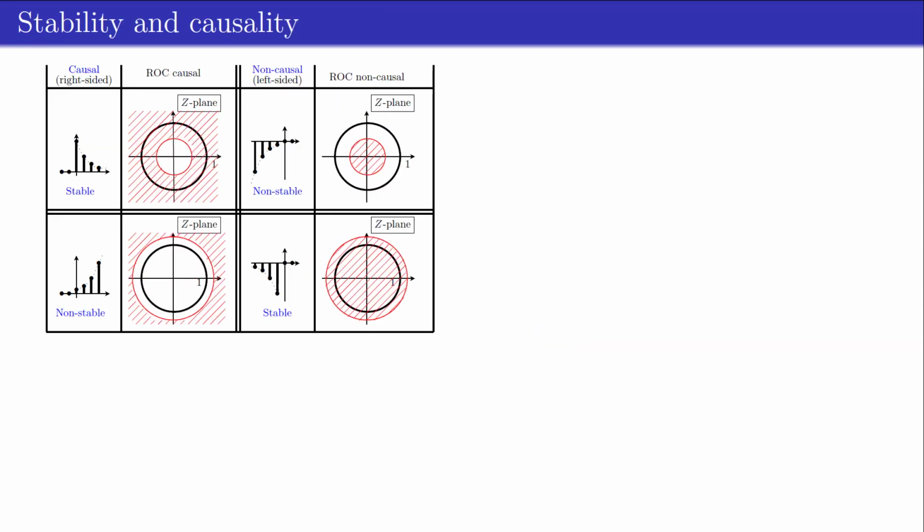In the module Z-transform, we have discussed the importance of the region of convergence, abbreviated as ROC. The table gives an impression of the region of convergence of 4 different sequences, namely stable, non-stable, causal and non-causal sequences.